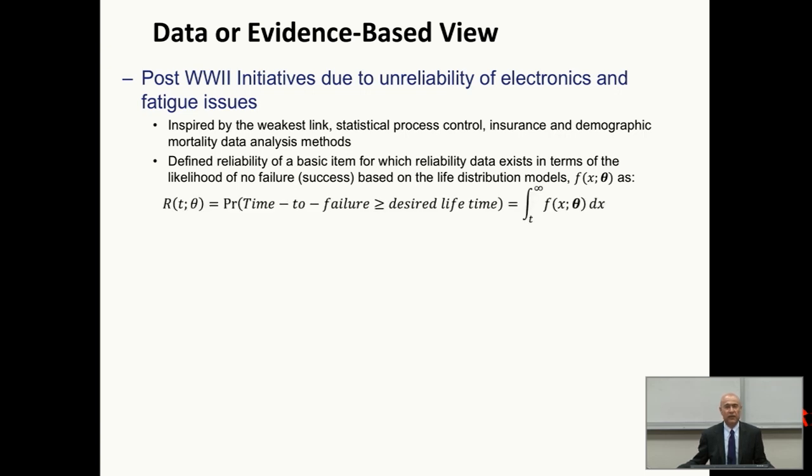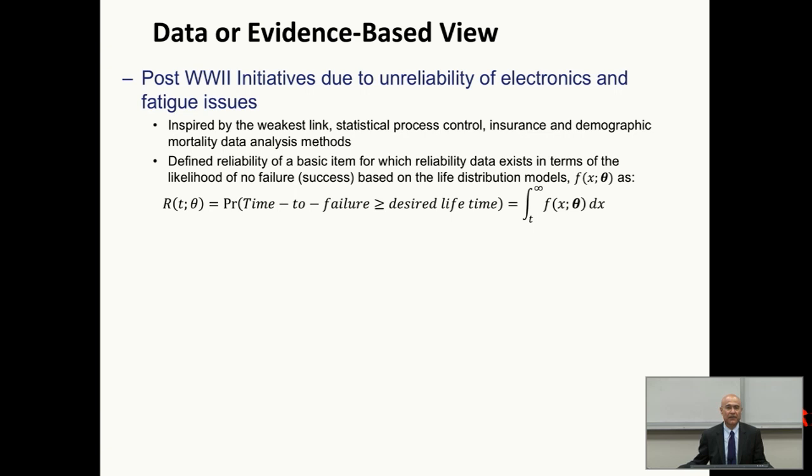Very formally, reliability engineering defines a measure of reliability as the probability of a time to failure, which is now considered as a random variable, to exceed a desired time of failure that we'd like to have. So as long as that failure occurs beyond the desired lifetime of the component, that could, for instance, be the mission time of a given element, or it could be the lifetime desired for a given item, then the component is considered probabilistically reliable.